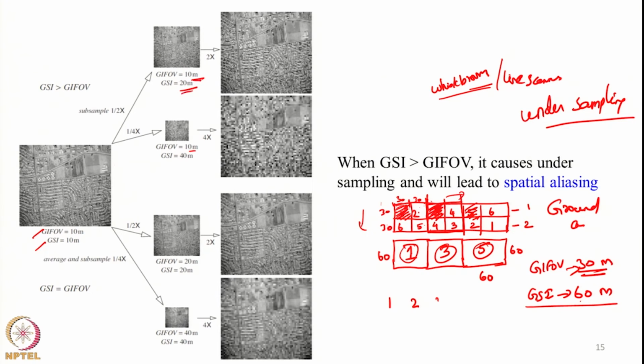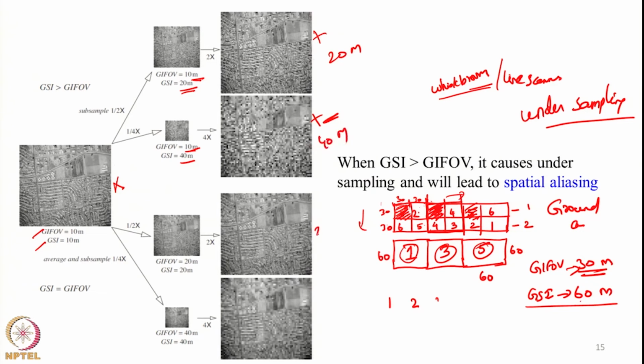Say GSI size is 20 meters. Here with GAFOV 10, GSI is 40 meters. You can see how the image looks here. There is some loss of information from this image. This image looks a bit different, this image looks totally different. So, this is a 20 meter pixel image, this is a 40 meter pixel image.